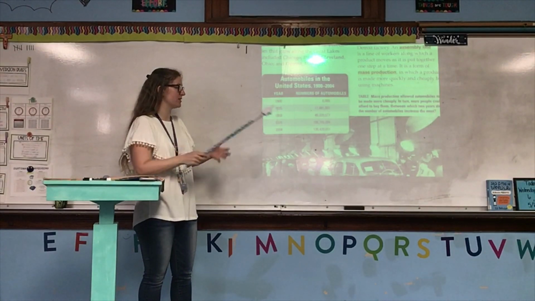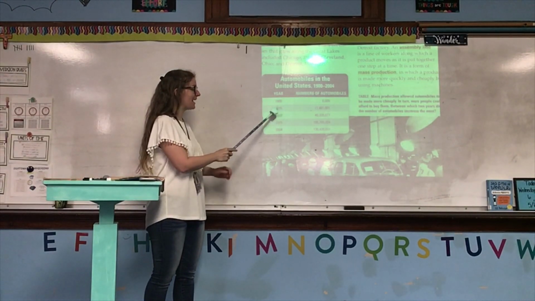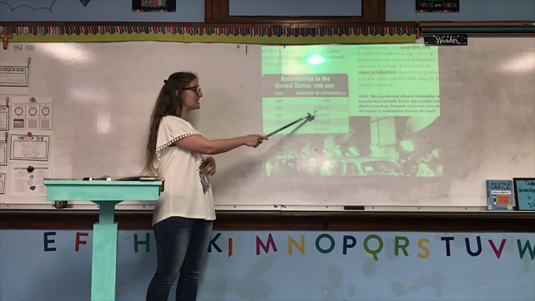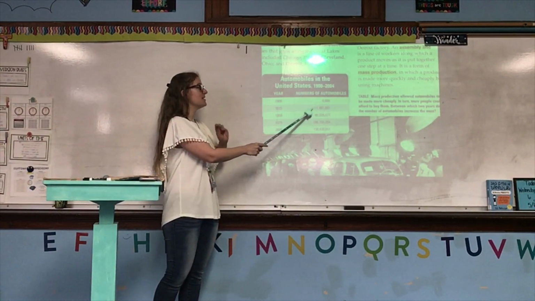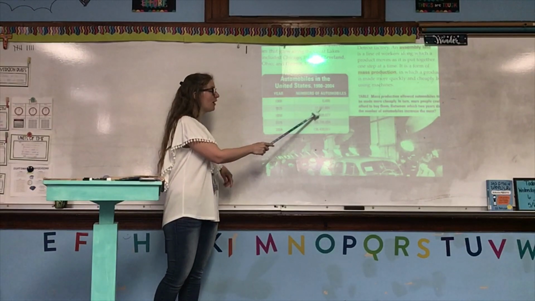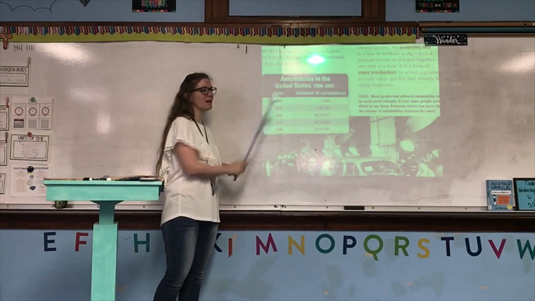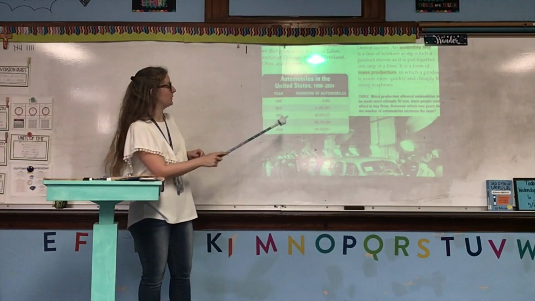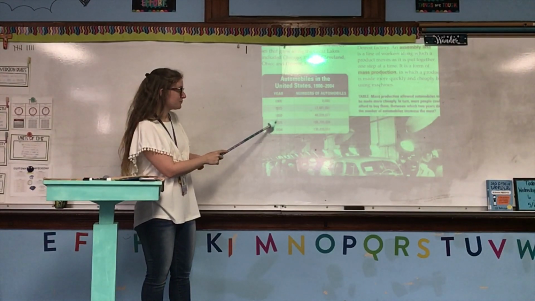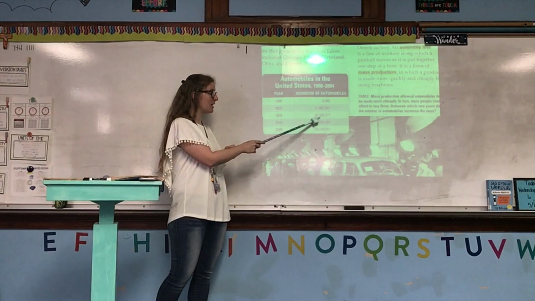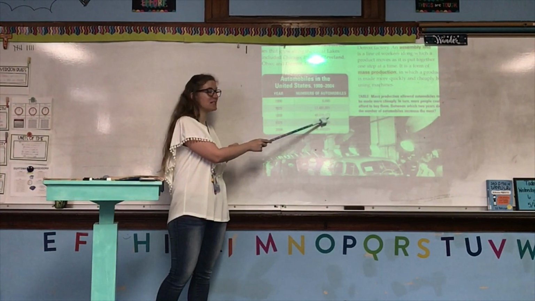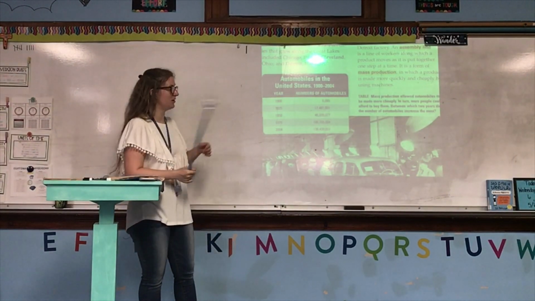8,000 automobiles were owned. Then in 1925, we see that 17,481,001 automobiles were owned by people. And then by 1950, 40,339,077 automobiles were out there being owned.